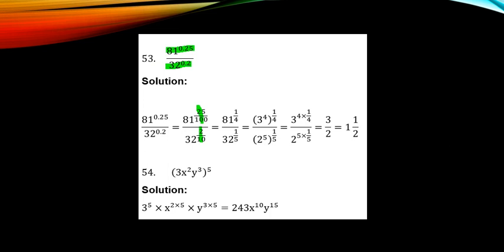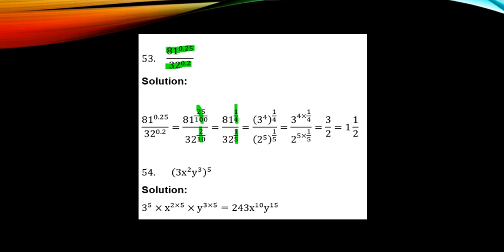If you reduce the first power, it becomes 1 over 4, because if you divide 25 and 100 by 25, you have 1 over 4. You divide 2 and 10 by 2, you have 1 over 5. So one is the 4th root, the other one is the 5th root.